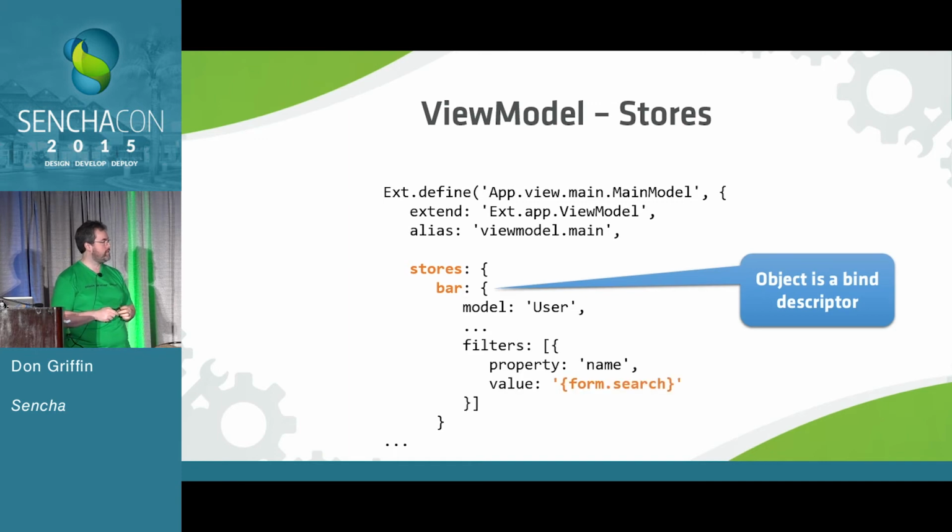So anything that's in there, including filters and whatnot, can be dynamically populated by the view model or from its parent view model, et cetera. And then when that data is all available, that configuration for the store is turned into an actual store, put in the view model by the name of bar, and now anybody bound to bar will update and be reconfigured to use that store.